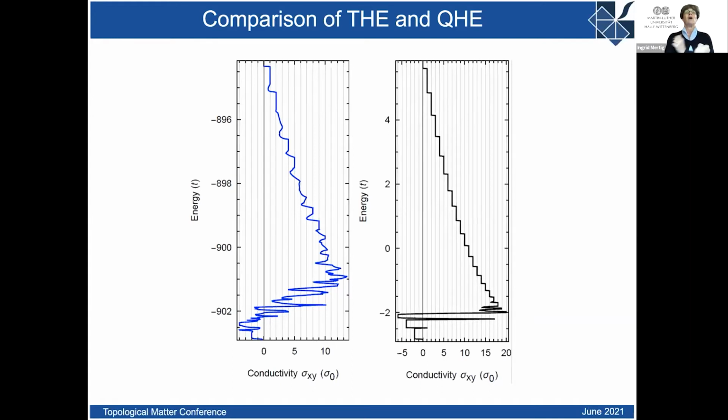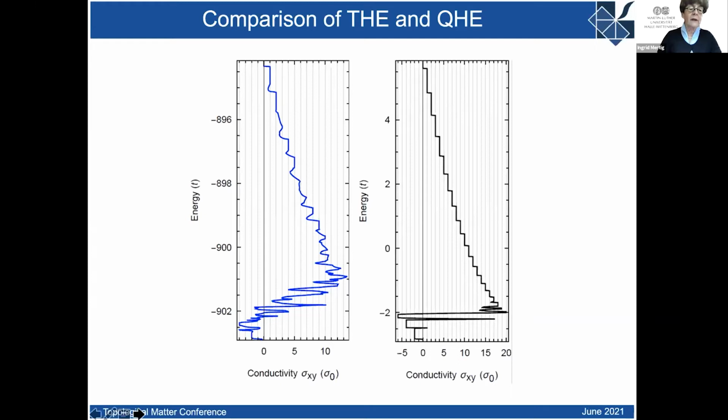Either you observe the motion of electrons interacting with their spin, with an underlying spin texture. This is the left result, and the right result is electrons moving in the emergent field of the skyrmion, and it's now an interaction with the charge of the electrons.